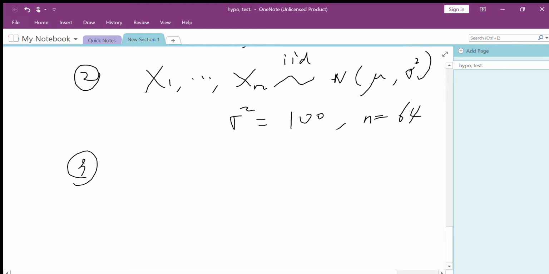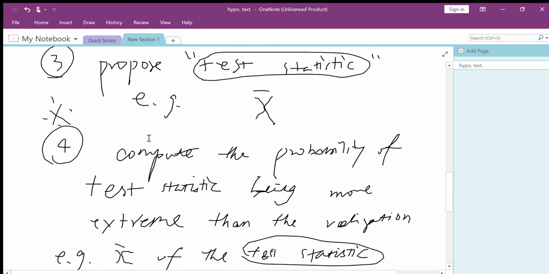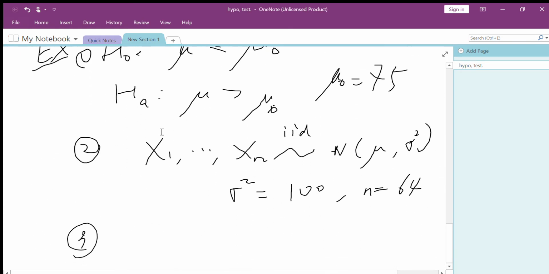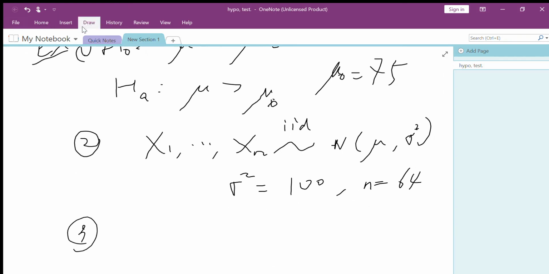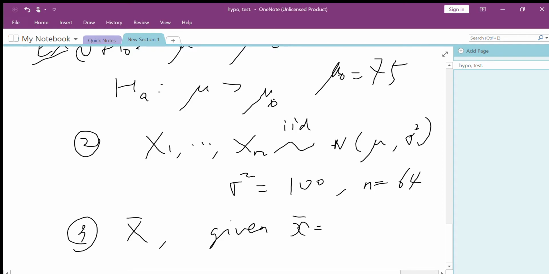The third step, remember, let's recall. Third step, propose test statistic. So in this sample, we propose sample mean, capital X bar, and with the realization we are given small x bar equals 75.14.